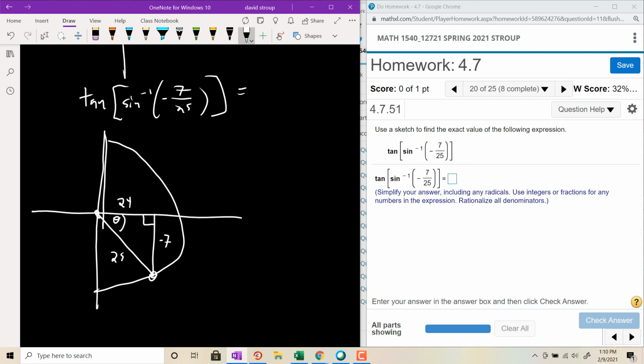So Pythagorean theorem: this triangle, 7, 24, 25, I remembered it. If you don't remember it, you've got to do Pythagorean theorem and solve for the third side. Okay, so tan then is opposite over adjacent.